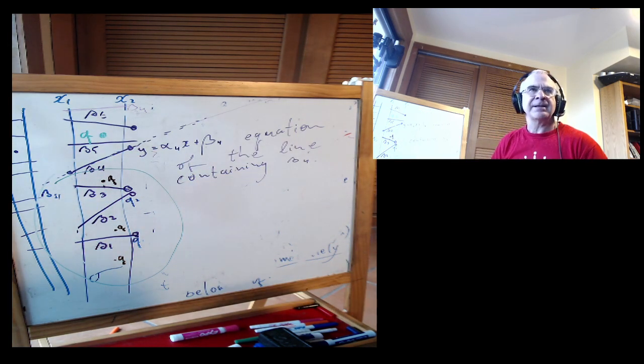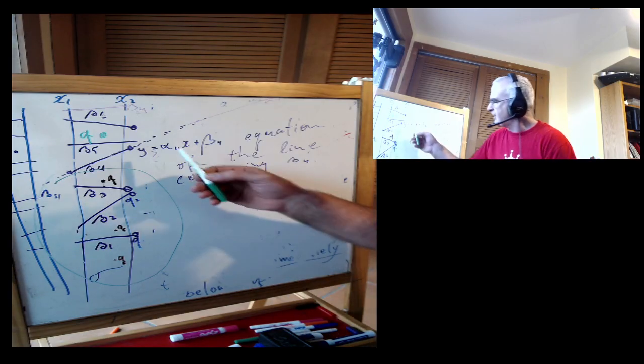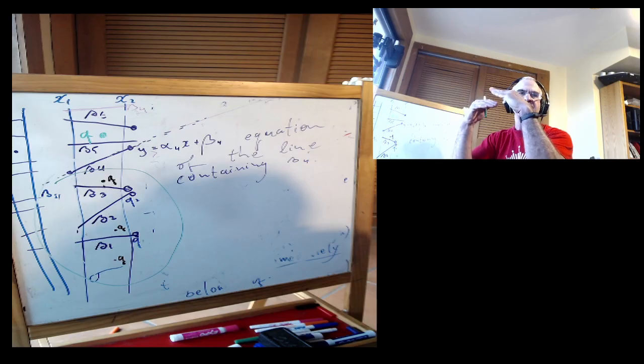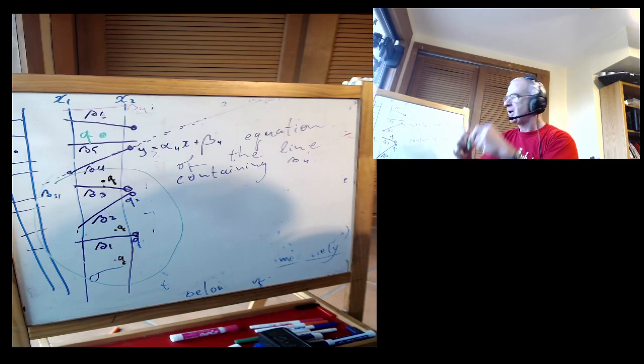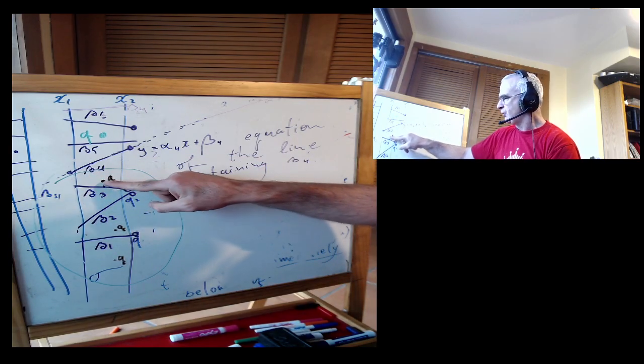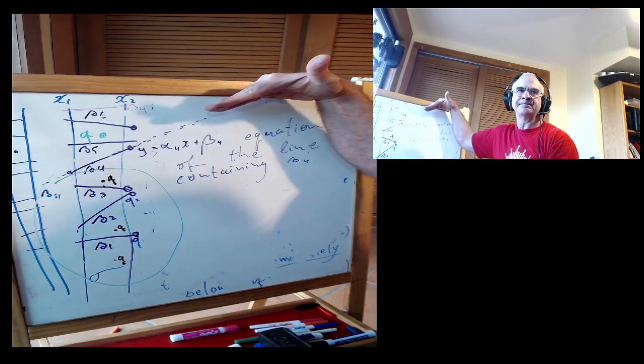So the idea is that you're just performing binary search, but instead of comparing the xy of q to the xy of a single point, I'm comparing the xy of q to the line that contains the segment.